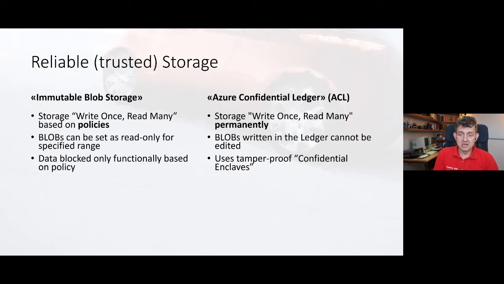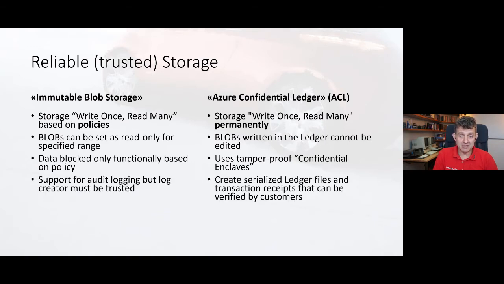In the case of immutable blob storage, it is simply a policy that can be changed. So for immutable blob storage, we can still audit if someone changes the policies around the storage or something like this. But again, you know, it's a chain. Then we need to trust the administrator that created the logging, who can eventually stop it and do something.